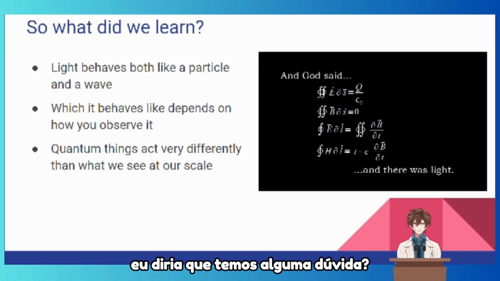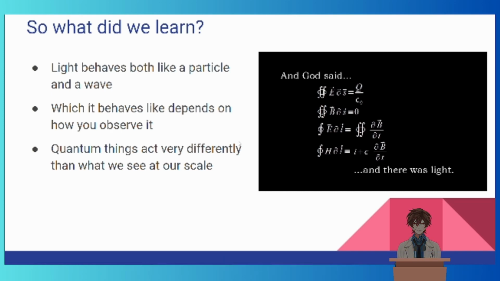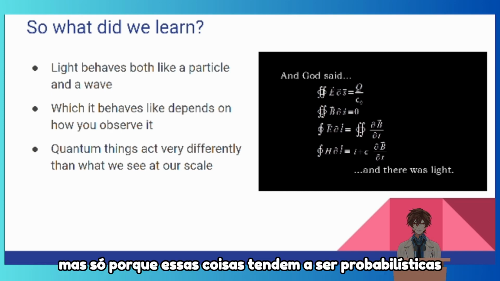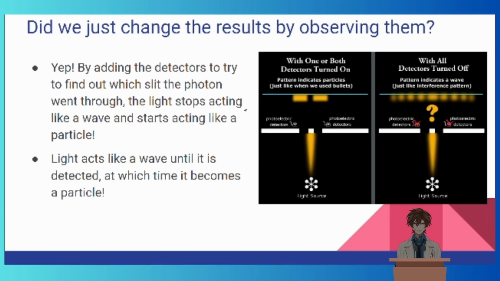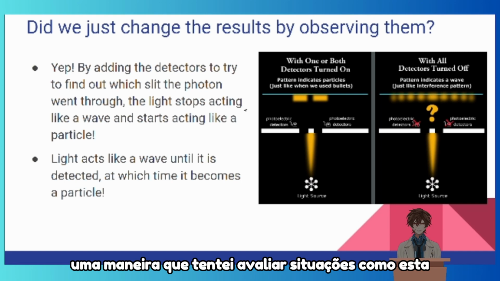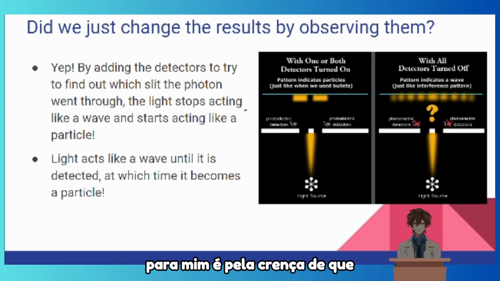Mine was a bit shorter, but I'd say, do we have any questions? Just because this stuff tends to be probabilistic and very, very complex to understand, one way I've tried to assess situations like this for myself is by the belief that once we start interacting with fundamental particles, the only way you can measure them is by having them interact with other particles, which could end up changing them.